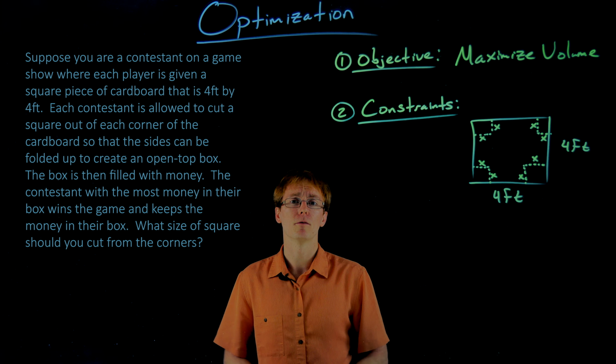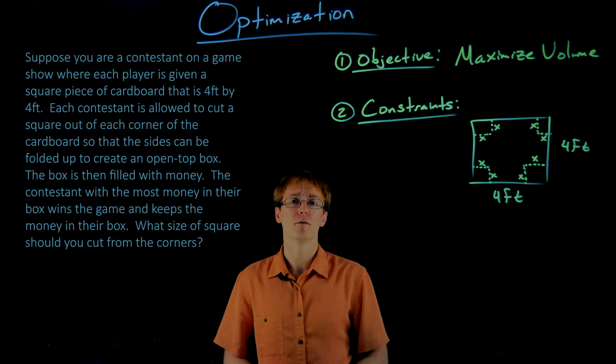So our objective is to maximize the volume of a box. And well, the volume of a box is just a product of its length, height, and width. What we don't know, what we are trying to figure out, is the value of x that we have to choose to remove these squares from each corner that makes the volume of this box as big as possible.